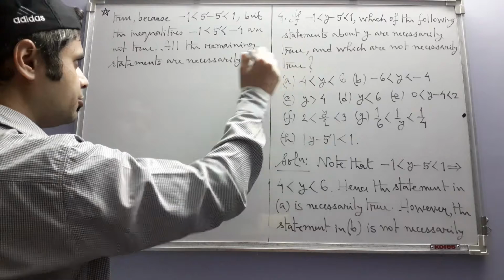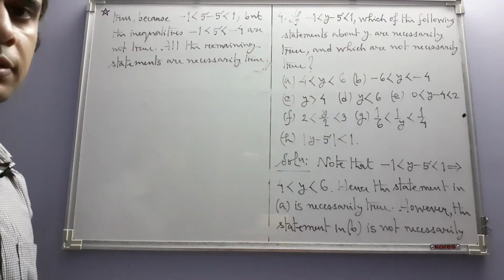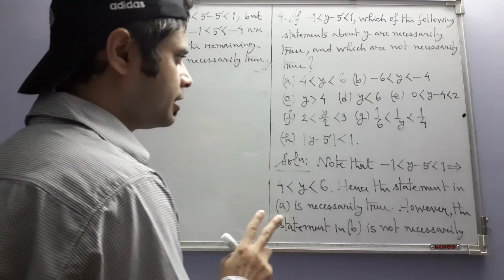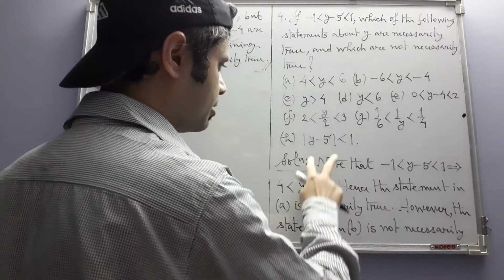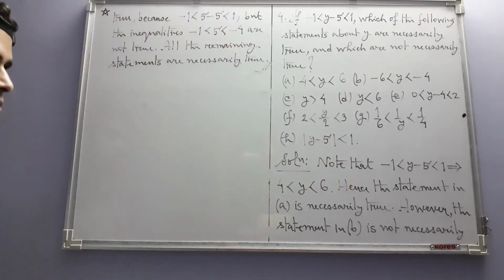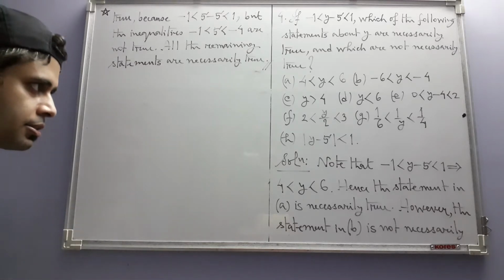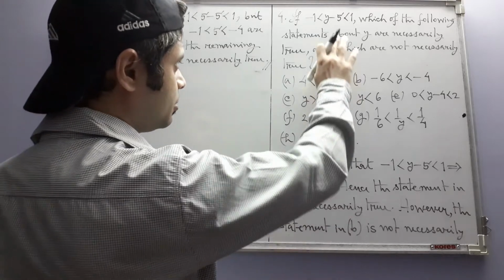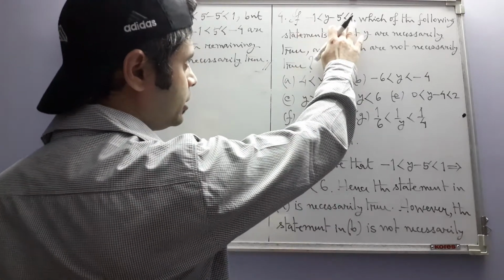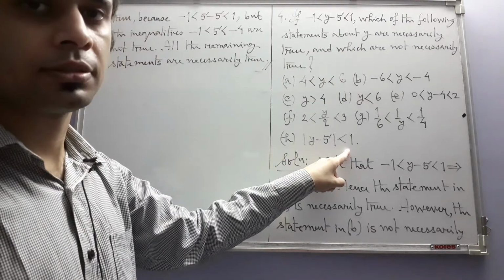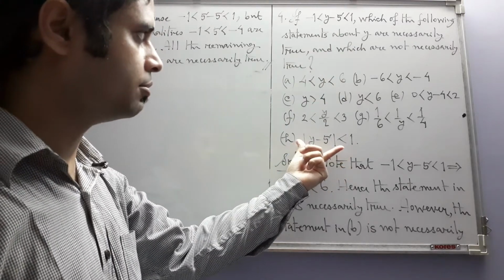And it's up to you to verify that the remaining statements are all necessarily true. Let's just see any one of them quickly, namely this one. We cannot say it's the most difficult one, because the way the initial inequalities are given, they directly imply this. So this is necessarily true.